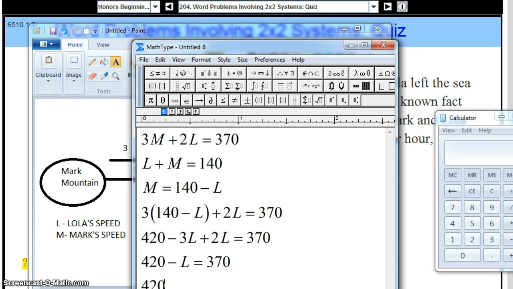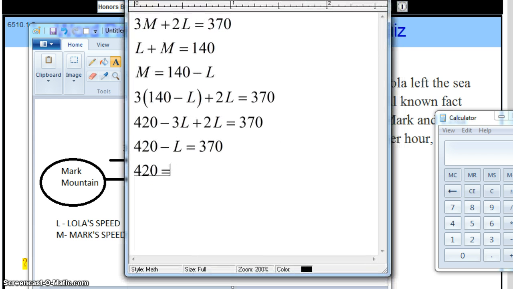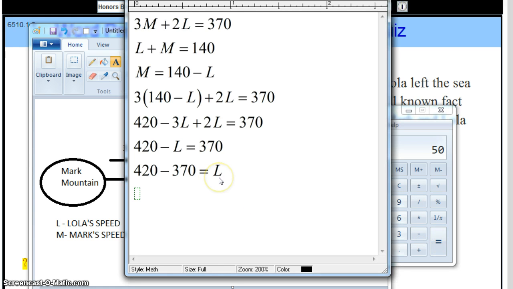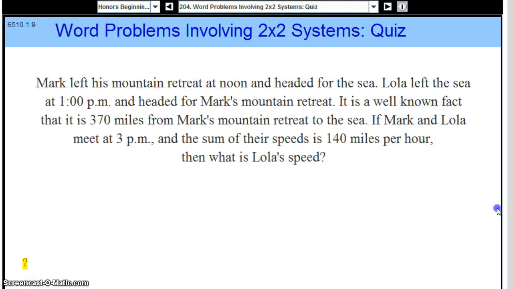So 420 minus 370 equals L. And again, you can do that in your head. I see that it's 30 to 400 plus 20. That's going to be 50, but it's bad practice for me to do it in my head. 420 minus 370 equals 50. So 50 equals L. And that's what we were solving for, Lola's speed.